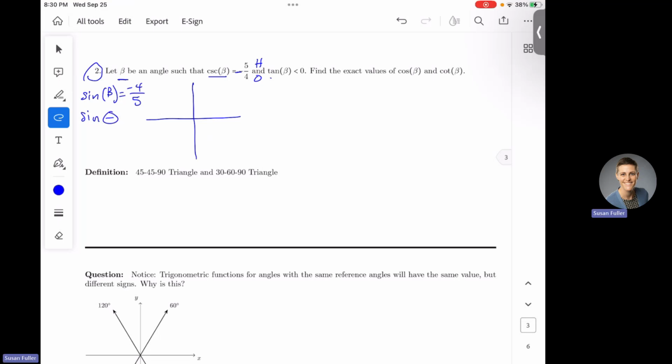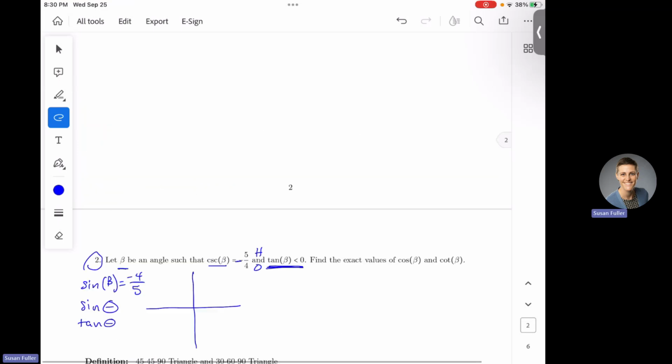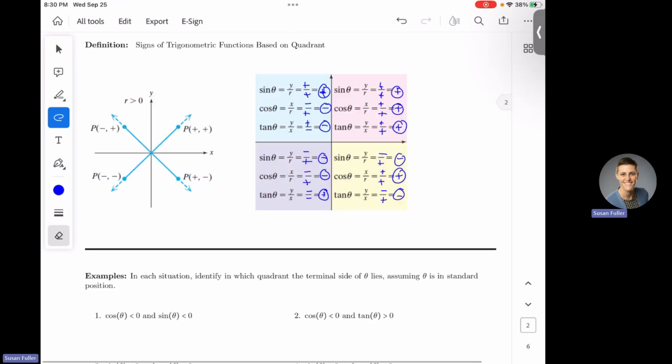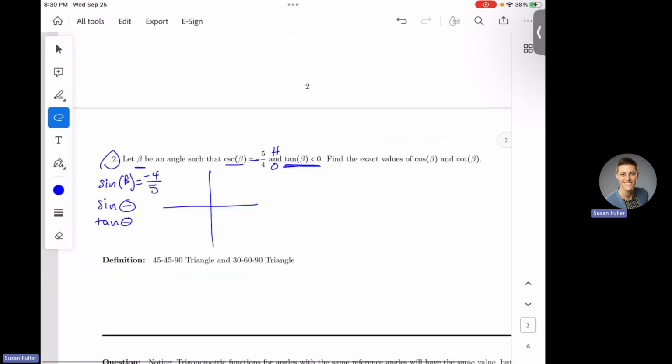So I know that my sine is negative. And I'm also told that tangent of my angle is also negative. So I know that sine and tangent are both negative in the quadrant that I'm in. So if sine and tangent are both negative, which quadrant do I have to be in? Yep, you got it right here. It is quadrant 4 because that's the only place where both sine and tangent are negative in the same quadrant.